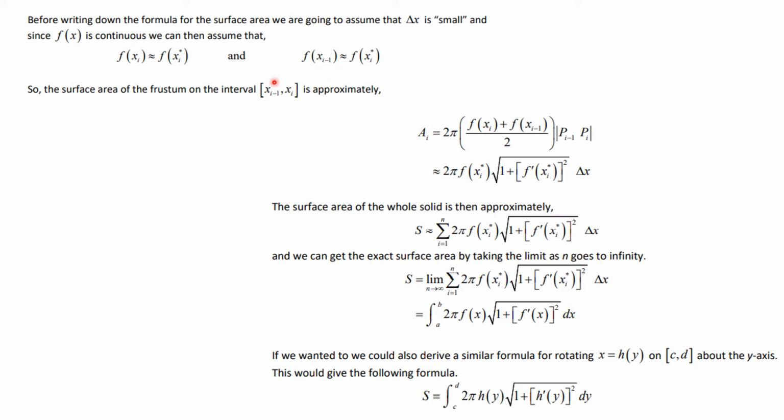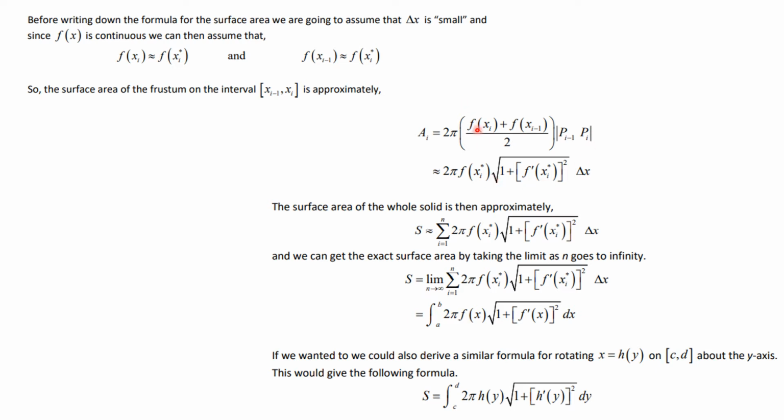And so we're going to say that they're both equal to this value in the limit. So the surface area then is going to be 2 pi, and we get this expression, which is r1 plus r2 over 2 times that distance, which we know is this.